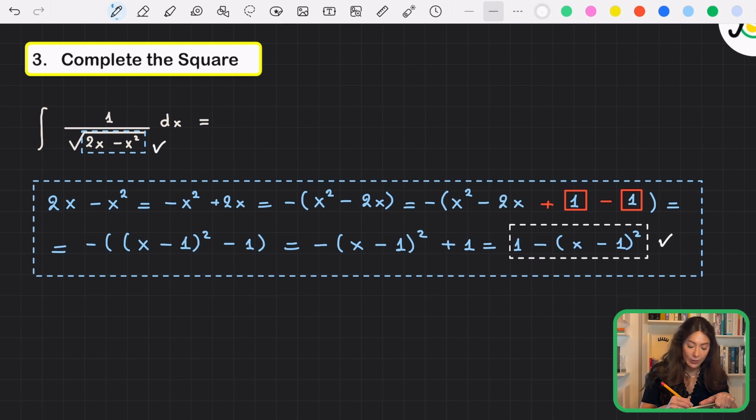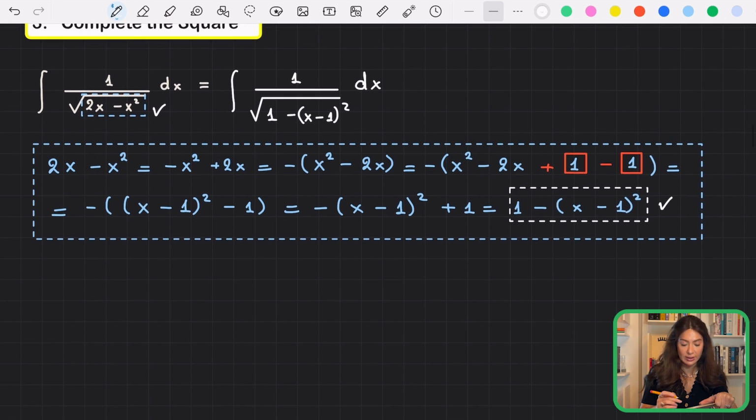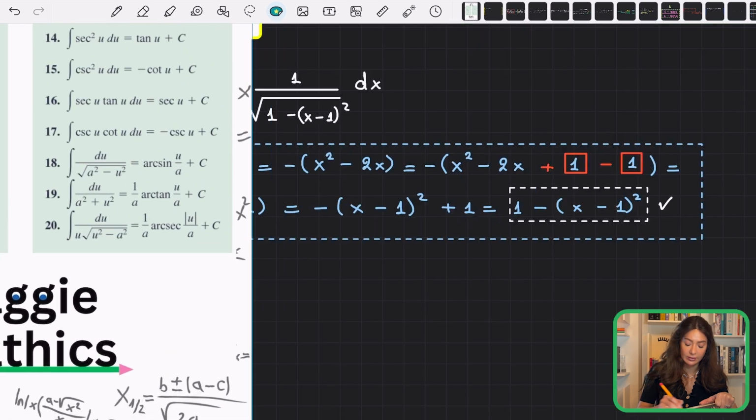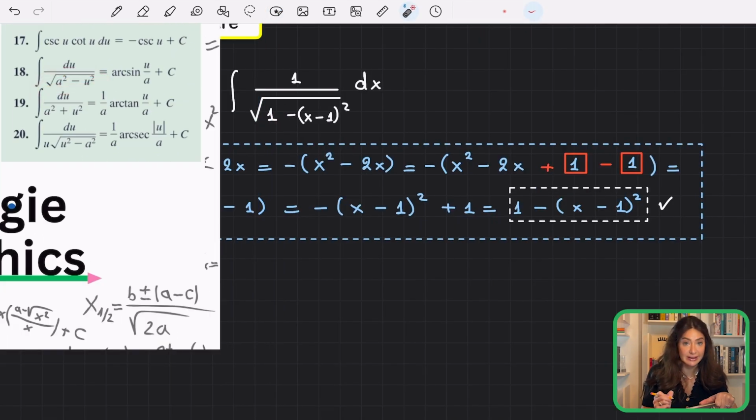Okay, now I'm going to rewrite this integral with this new expression. 1 minus, let's get our formula sheet and see. We clearly have this scenario. Now we do, but before we didn't.